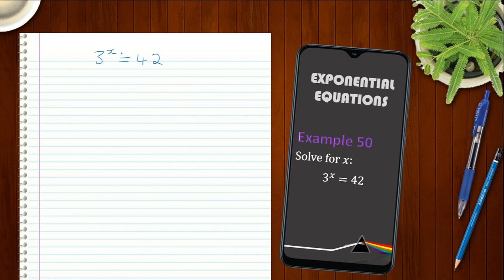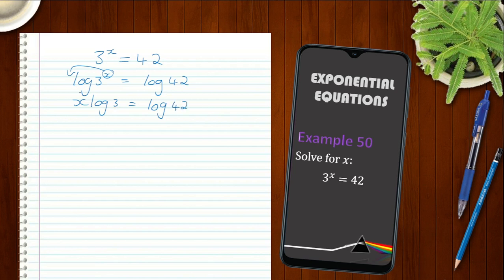Remember, what you do on one side you can do on the other, so I'm going to log both sides. Log 3 to the power of x equals log 42. Then I'm going to use law 3 and say this x goes in front of the log, so x log 3 is equal to log 42.